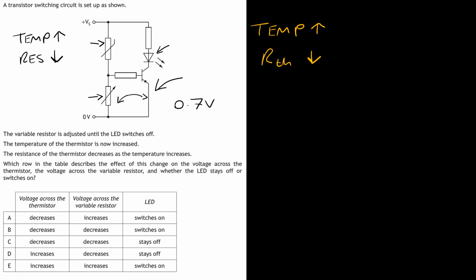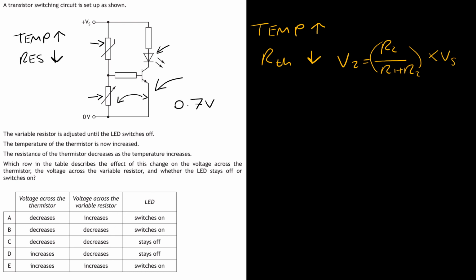Because remember in the equation, V2 is equal to R2 over R1 plus R2 brackets multiplied by Vs. As R2 gets smaller, this number in the brackets gets smaller as well. So the smaller the value of the resistance, the smaller the value of the voltage.